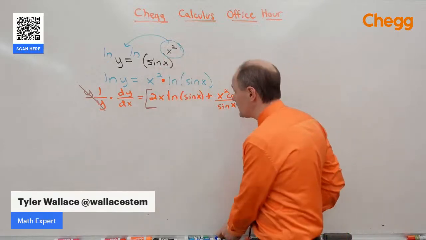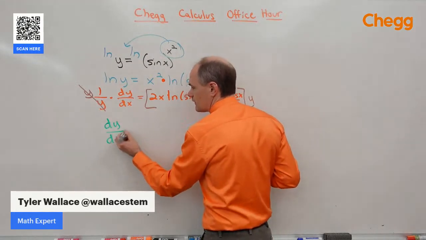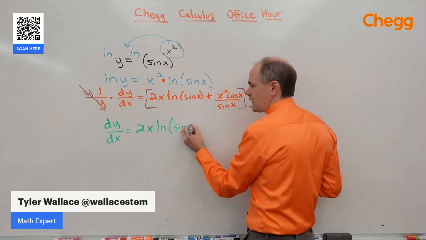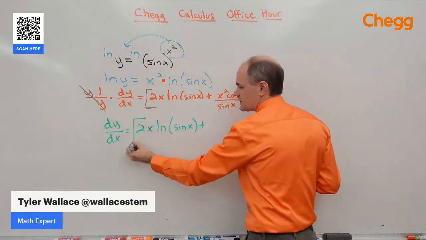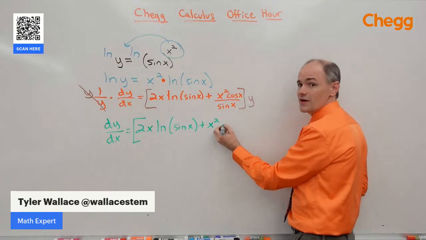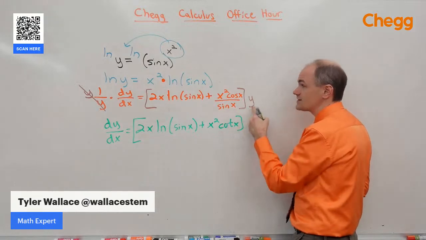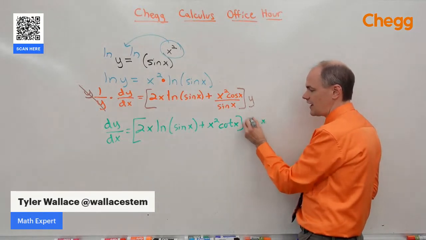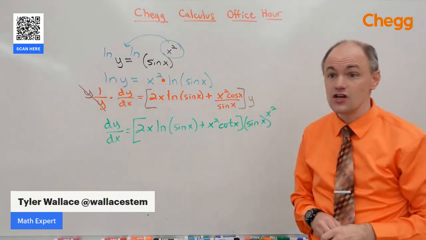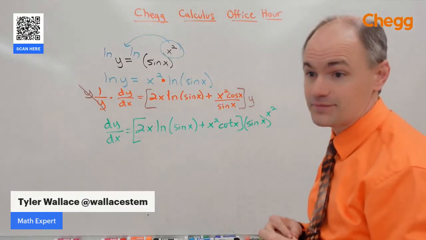And when we do, we get our final derivative, which is dy dx is equal to 2x natural log of the sine of x plus, this is all in parentheses, by the way, x squared. Hey, let's simplify cosine over sine. You know what that one is? That's right, it's cotangent. Times the y, which is the sine of x raised to the x squared power. And that is our solution using logarithmic differentiation.